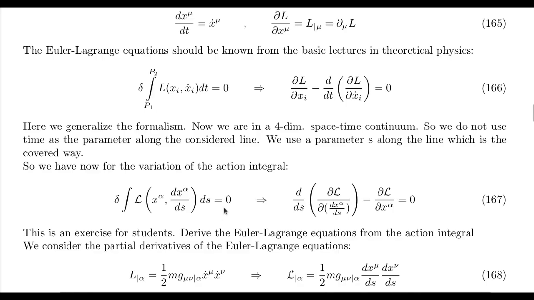And now we use a parameter s instead of time, because time is now the fourth coordinate. We have a parameter s, that is the length of the trajectory of the body.